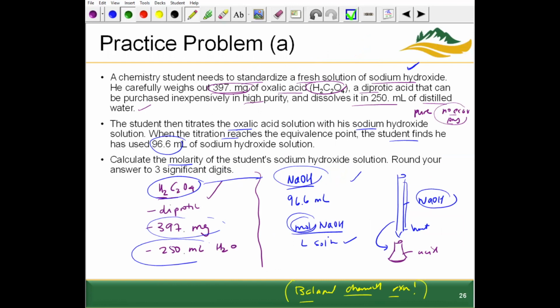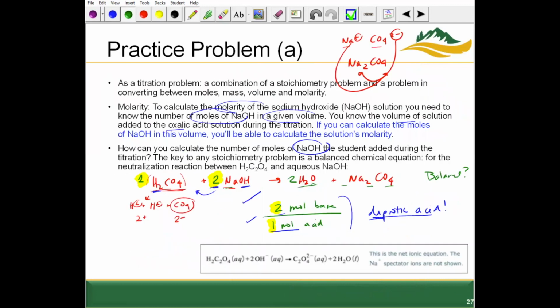Notice that it didn't actually matter this volume here. All we needed were this many milligrams to convert into grams, to then convert into moles of acid. Then we can use our mole to mole ratio of acid to base. So for every 2 moles of base, there's 1 mole of acid. In the end, we need the moles of base to get the concentration in molarity.